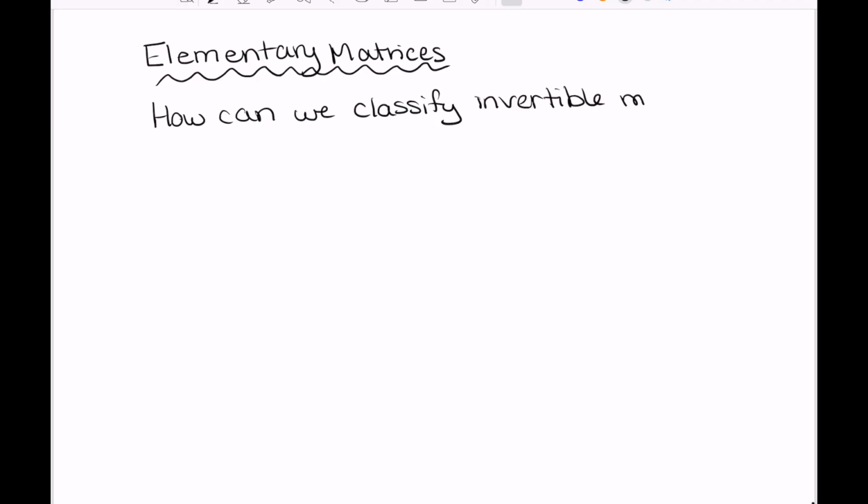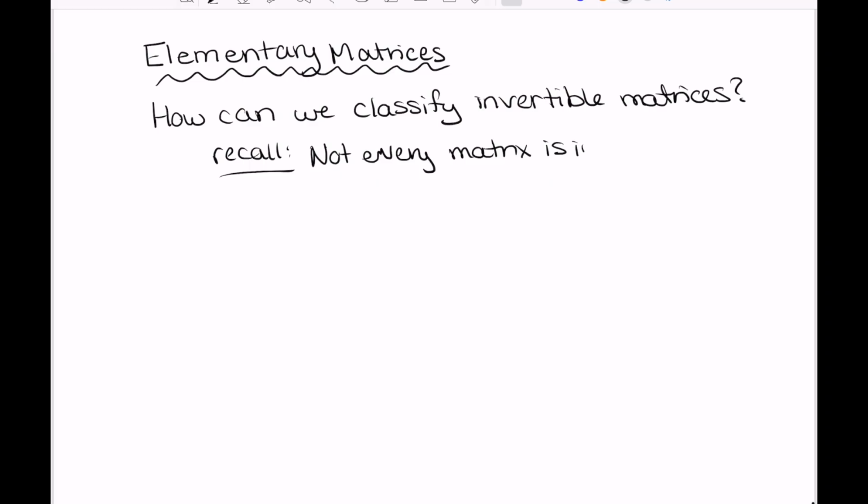Now, one of the big facts that we talked about last time was that not every matrix is invertible. And this makes sense if we remember things like numbers.